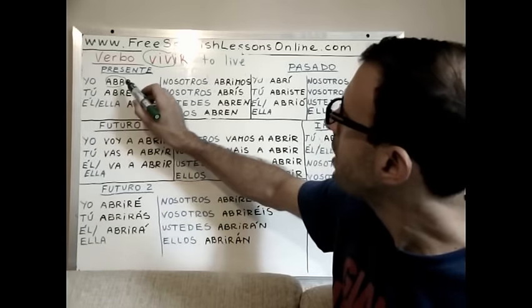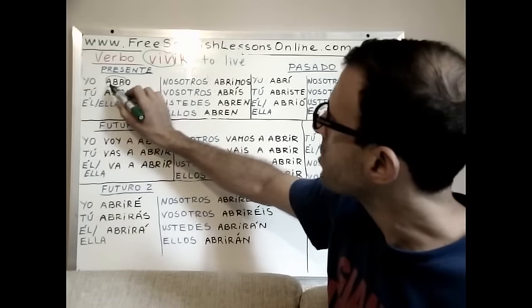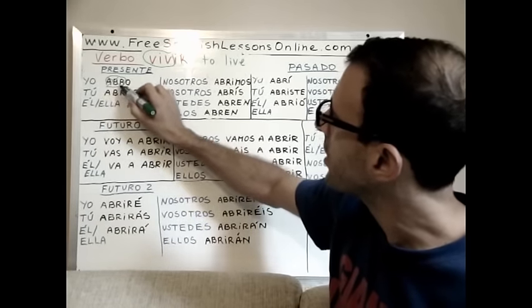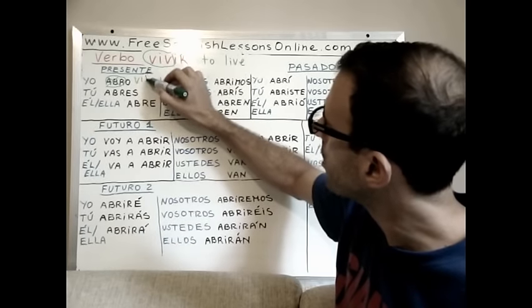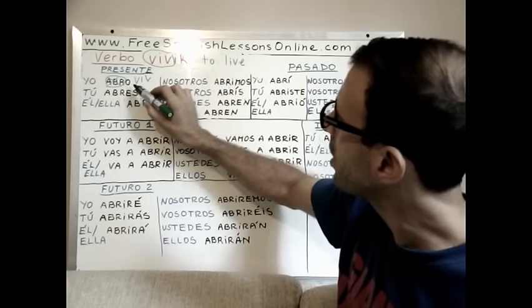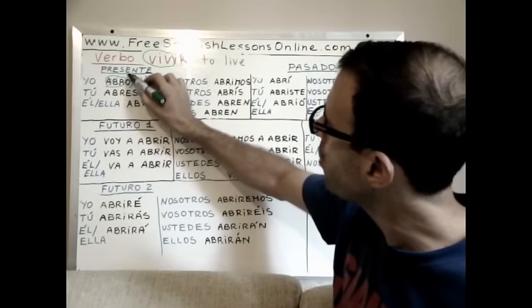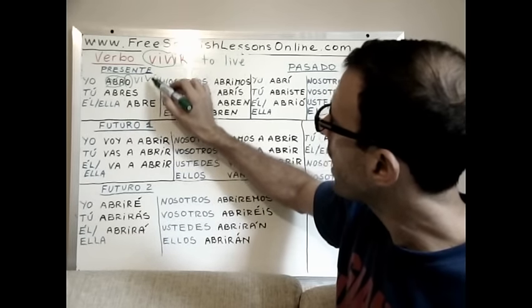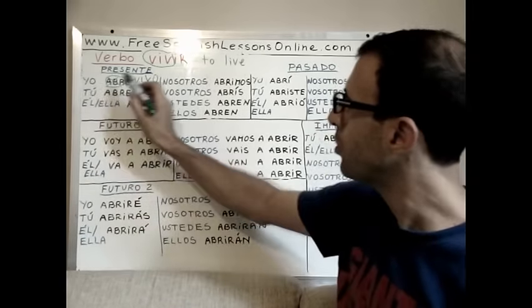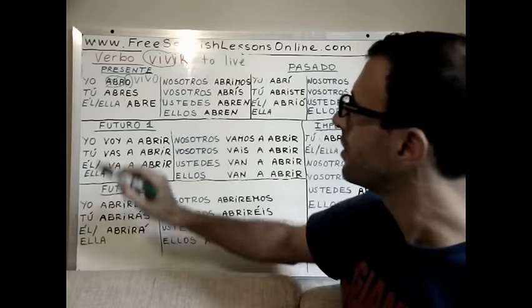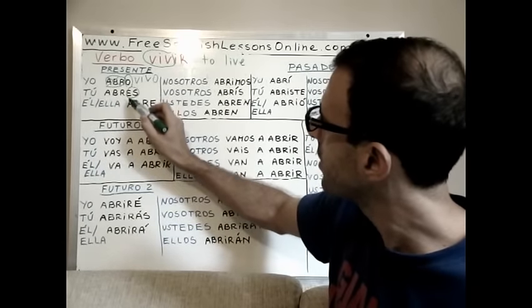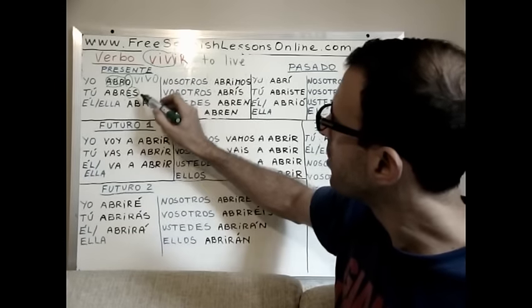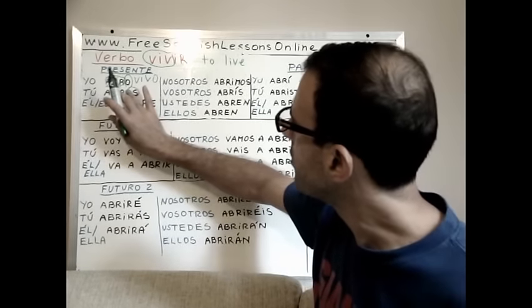So, if we change this root and we use the root of the verb vivir, or to live, we add the ending o, and we have vivo. Yo vivo, I live. Same thing here. This is the ending, right? So this would be vives.